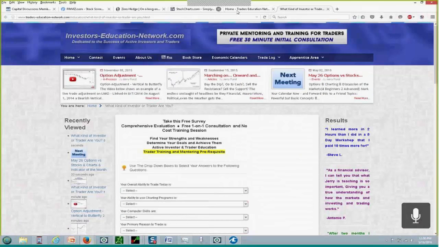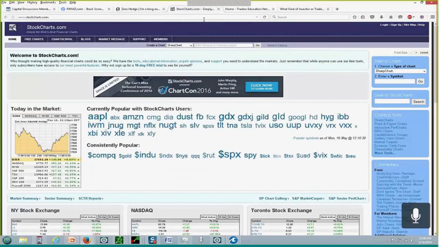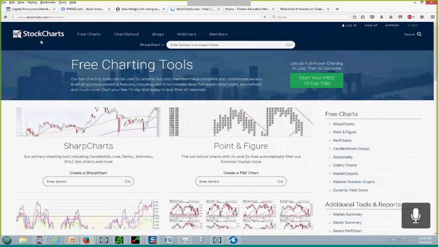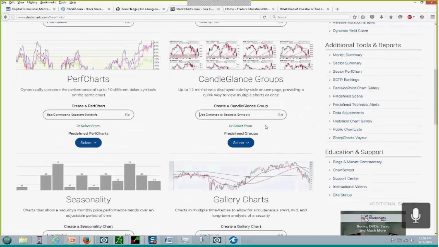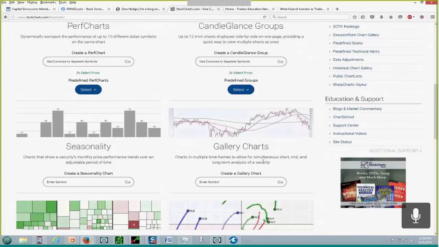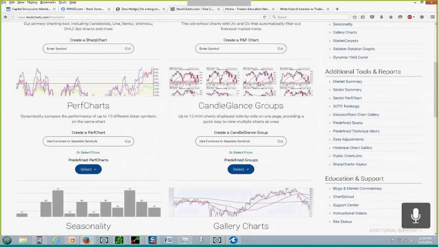And in the meantime, I want to bring your attention to some of the websites that are out there. Stockcharts.com is one website that you can use where you can get free charts. And one of the things that I like to look at and use is the CandleGlance groups, where you can also look at market summaries and galleries. We've got the Dow 30 group.